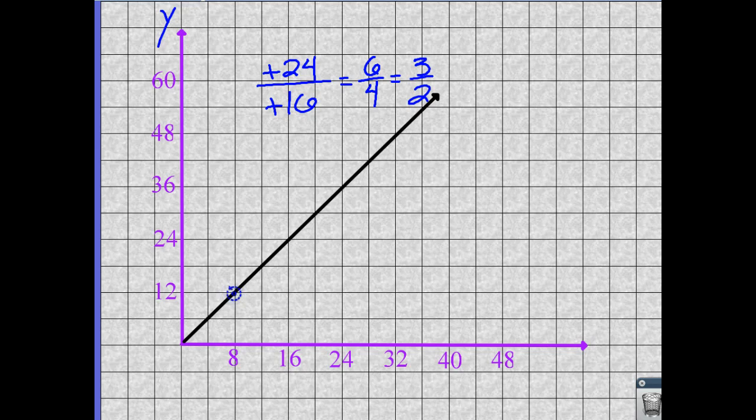As we rise 12, right, we went up 12, our run left us at 8. So if I were to simplify 12 and 8, well, 4 goes into 12 3 times, and 4 goes into 8 2 times. So we have our constant of proportionality of being 3 halves, 3 over 2.